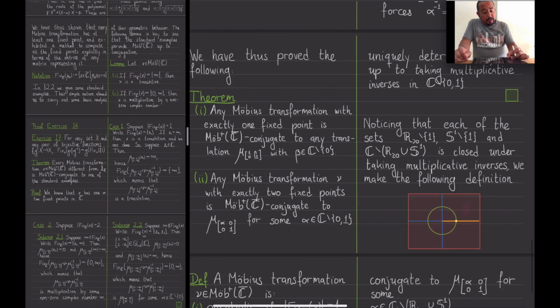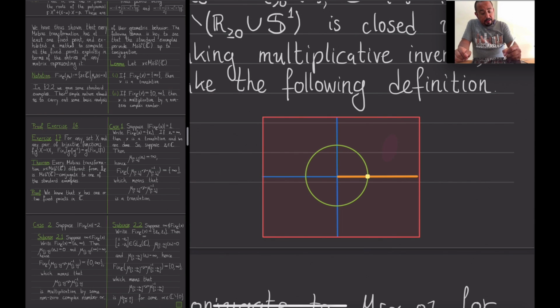Okay, and then for instance, this one and its inverse, they don't give you the same Möbius transformation, but those two Möbius transformations are conjugate.